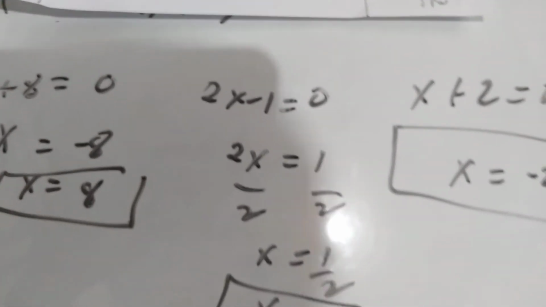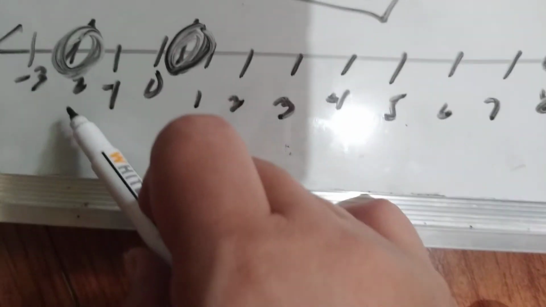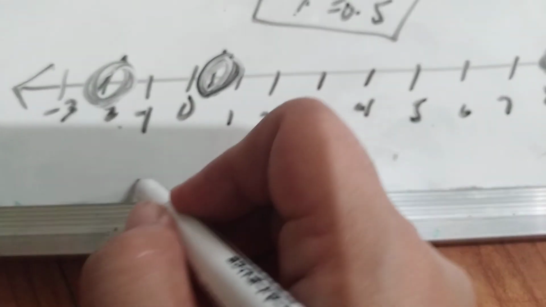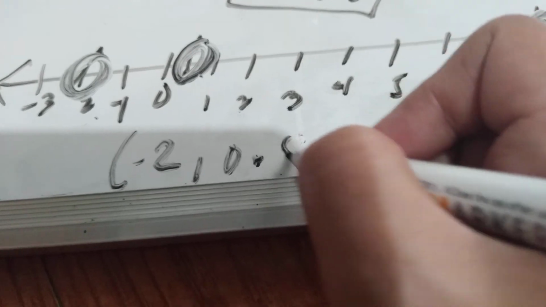Yung 0 na yan ay nanggaling dito, that is between negative 2 and 0.5. So, ibig sabihin, ang magiging solution set natin mula dito, that's negative 2, not included, so parenthesis, negative 2, 0.5, union, dahil dalawa sila, i-unite natin dun sa dulo na 9.